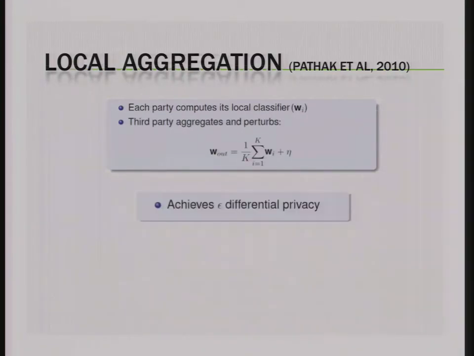It can be shown that this aggregate classifier achieves differential privacy for a certain parameter of eta, which is also Laplacian. It also requires a secure cryptographic protocol, because the third party, in the process of aggregating and perturbing, should not gain any information about any of the parties. So they use a secure cryptographic protocol based on homomorphic encryption to compute this vector w.